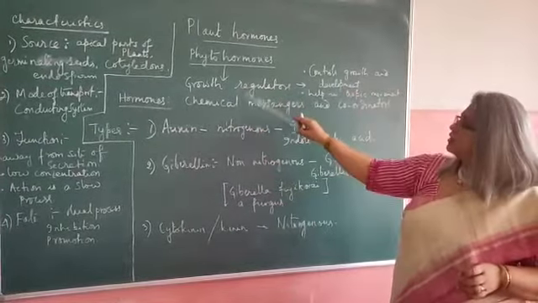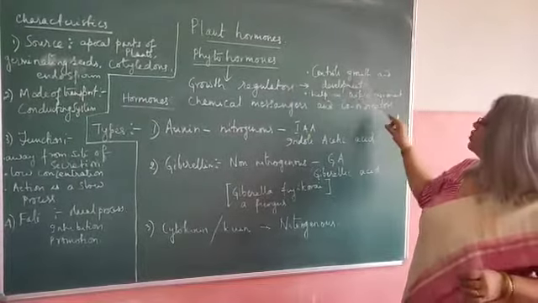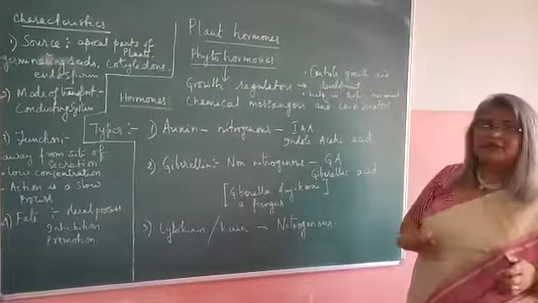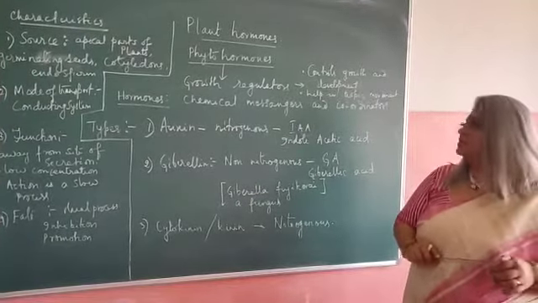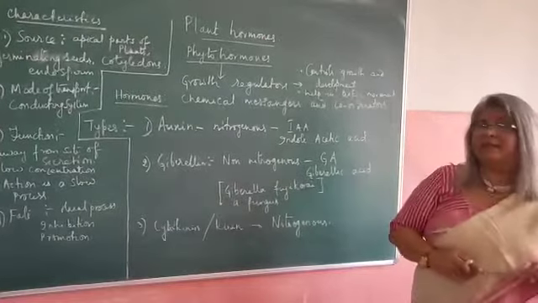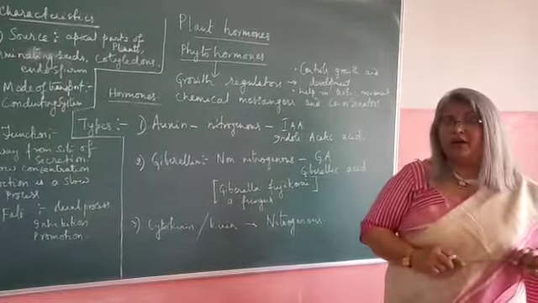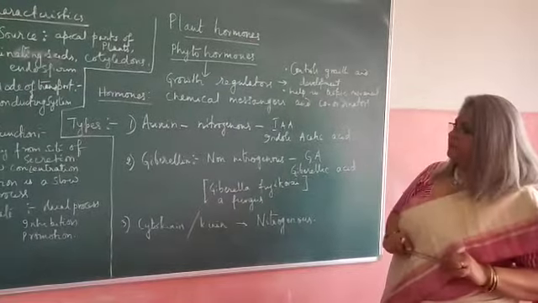Now, what are these growth regulators actually doing? They are controlling the growth and development of the plant as well as the plant parts. They also help in a kind of movement in the plant which you had already learnt before, and that is the tropic movement.